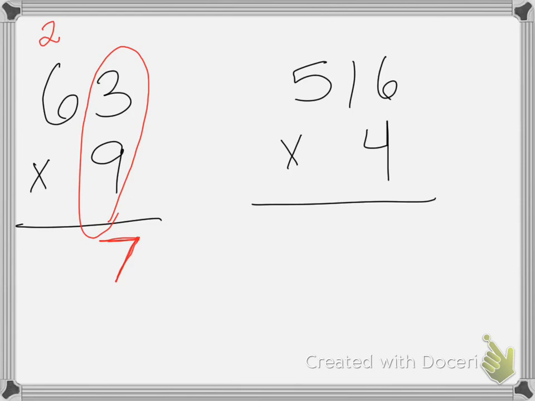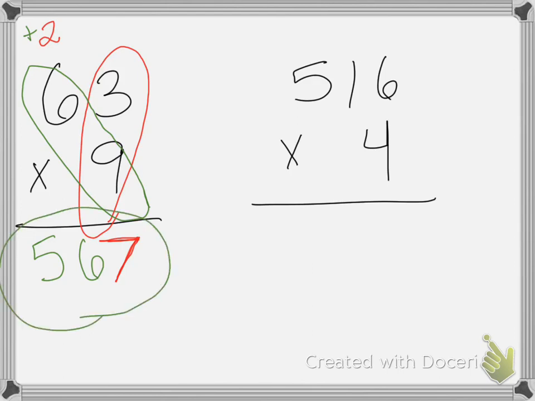Then we do 9 times 6. 9 times 6 is 54 tens. Then I add that extra 2. 54 plus 2 is 56. And I just write that down before the 7. So my answer is 567.